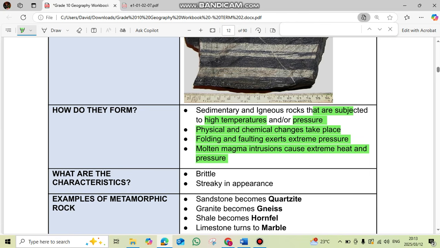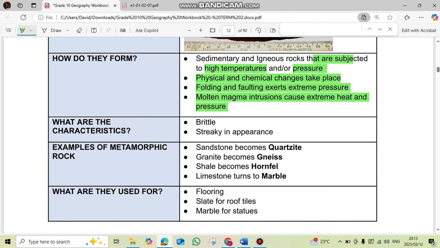As it pushes up, it burns the existing rock around it, and the weight of that magma also increases the pressure, changing the rock from either an igneous or sedimentary to a metamorphic rock.